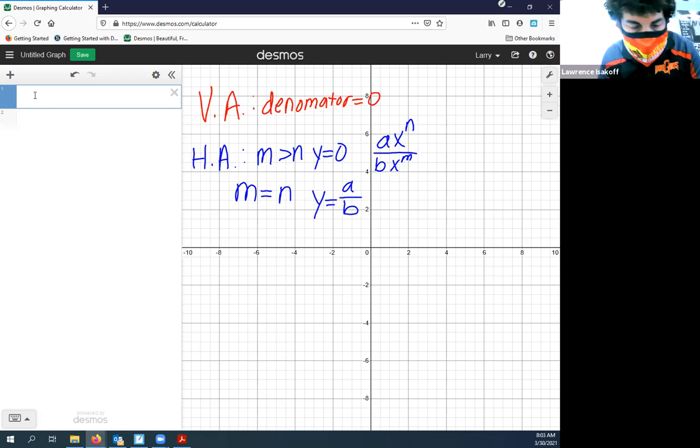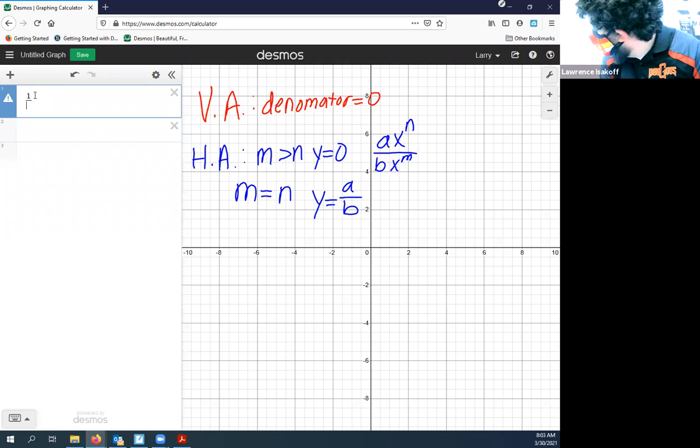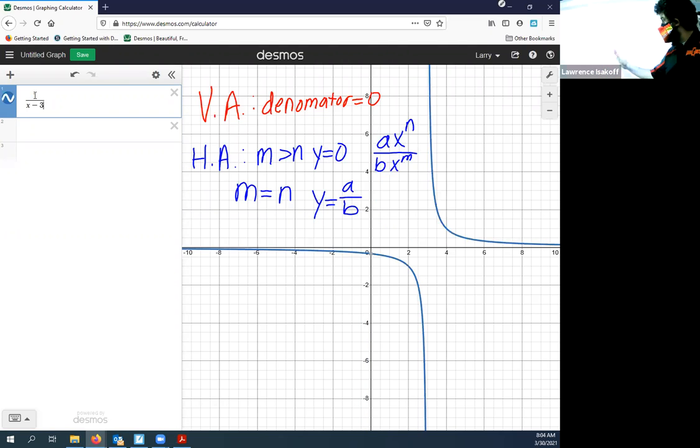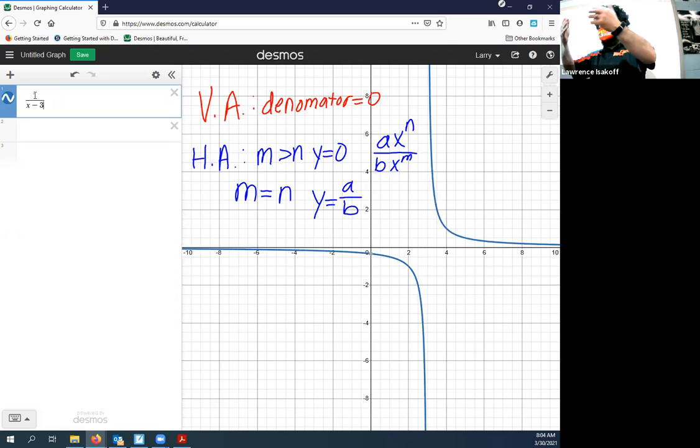So I'm going to look at some scenarios here. Let's say I have 1 over x minus 3. I want to know where my asymptotes are. So my horizontal asymptote is easy. The x here has a power of 1, and the numerator doesn't even have an x variable. So the x is greater than no variable at all.